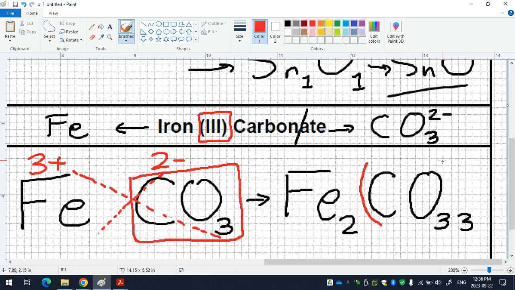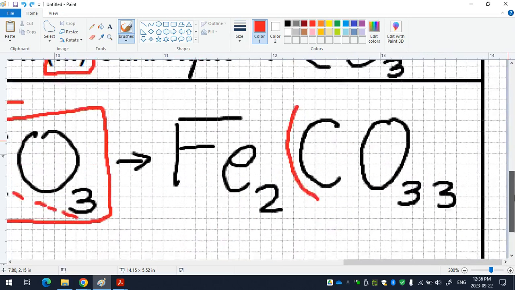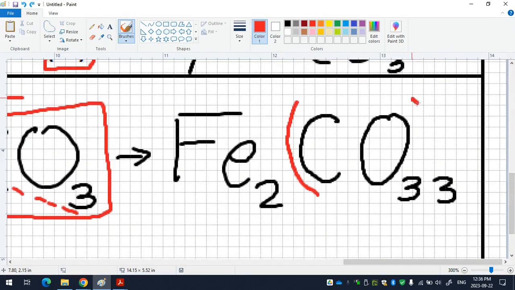So it has to go here. This is how it should look. Let me just make it bigger so it becomes easier for me to sketch. The bracket has to go like this. There we go. Always the second thing goes in a bracket.